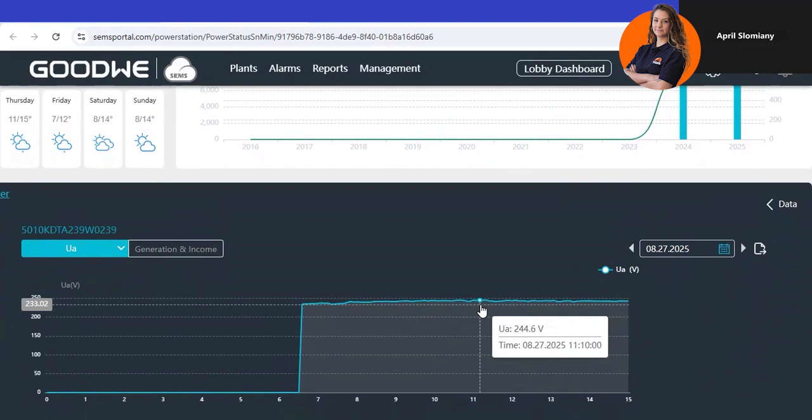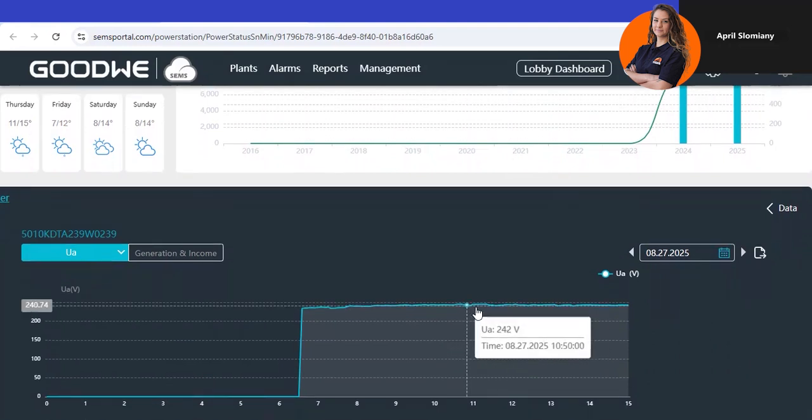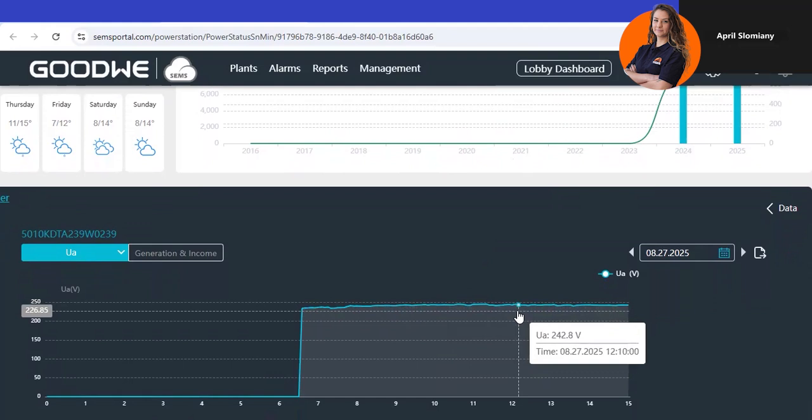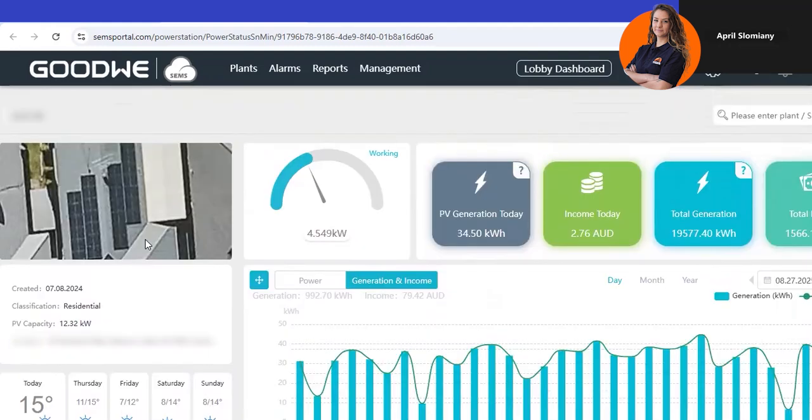If that does happen, and you consistently see this, the system is working as intended, but it is time to raise the issue to SA Power Networks. If you do see this sawtoothing graph performance, feel free to reach out to us at Tiger Solar, and we can certainly assist further. So this is a run through of a PV only plant.